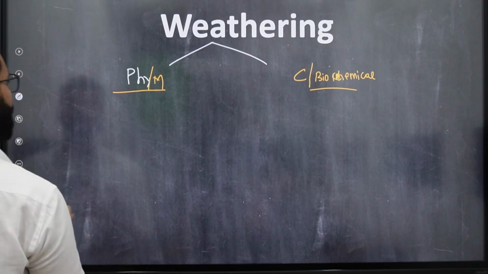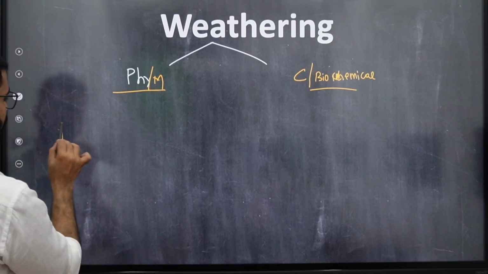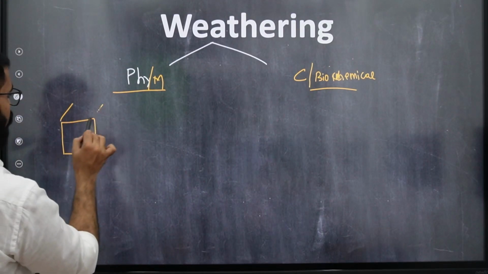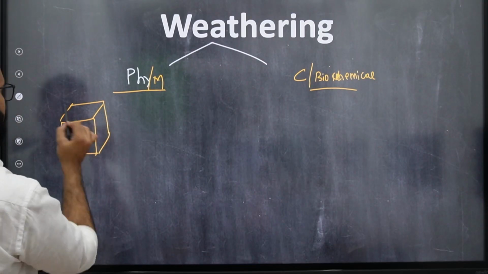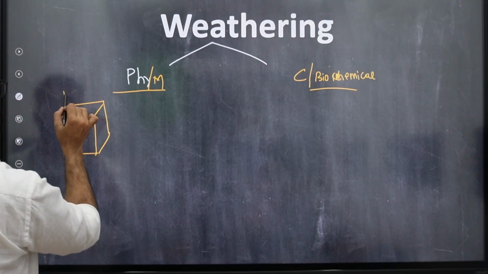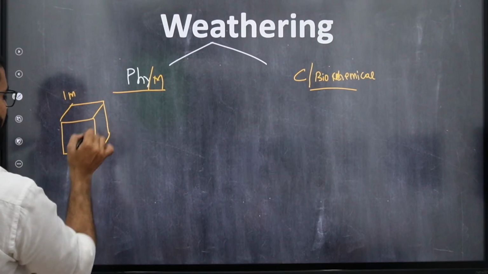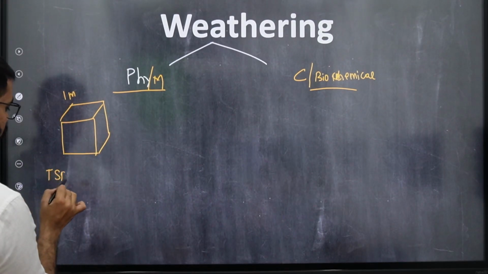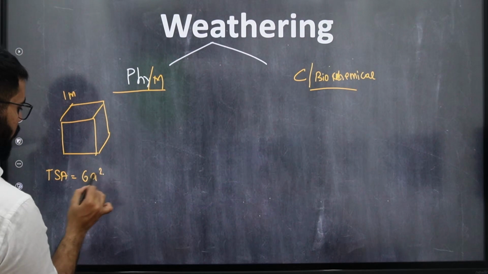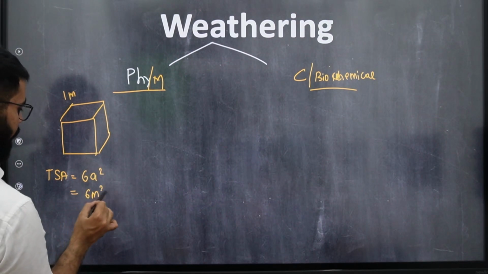So what is happening in physical weathering? Say, for example, I've got a cube. Its dimension is 1 meter, 1 by 1 by 1. I ask you to calculate the total surface area. It is going to be 6 meters square.